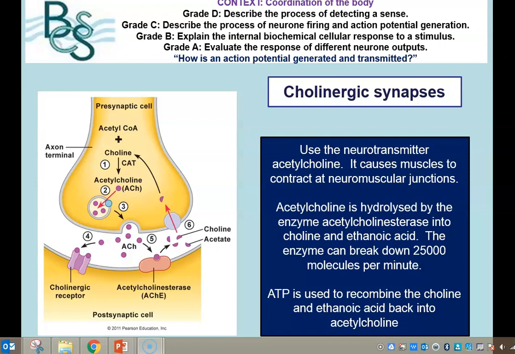It breaks the acetylcholine down into choline and ethanoic acid, and it can break down 25,000 molecules every minute. They are then taken back into the synaptic knob, and once in the synaptic knob, ATP from the mitochondria is used to recombine the choline and ethanoic acid back into acetylcholine.